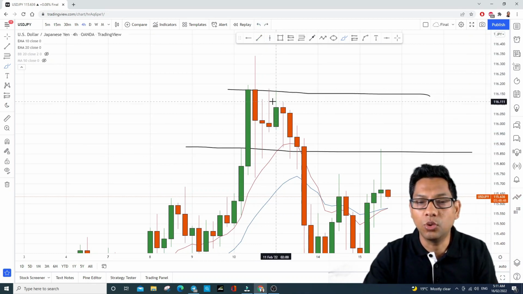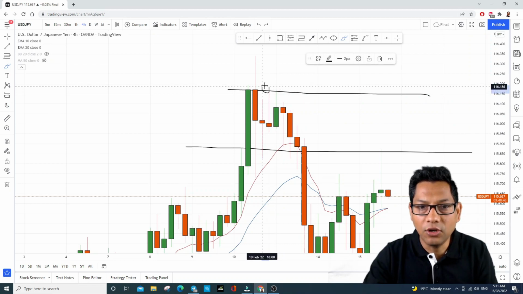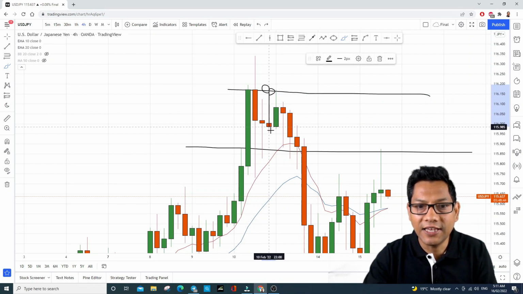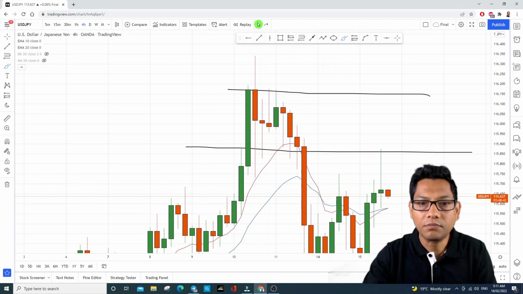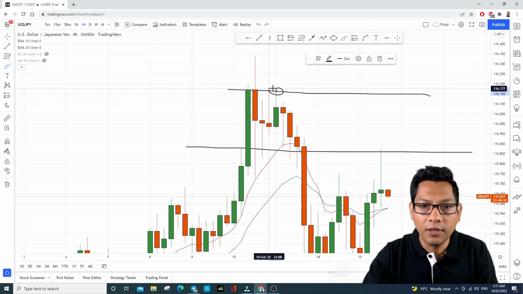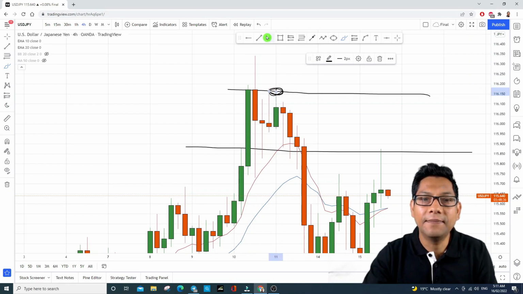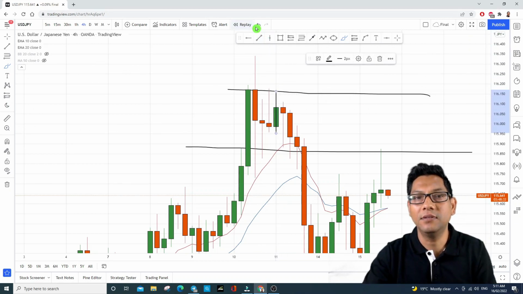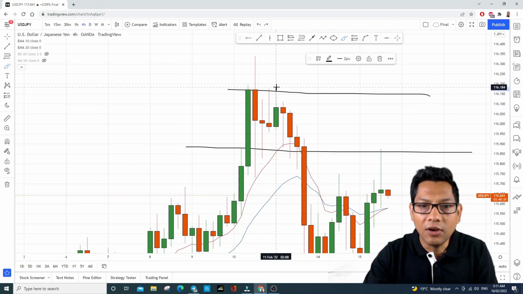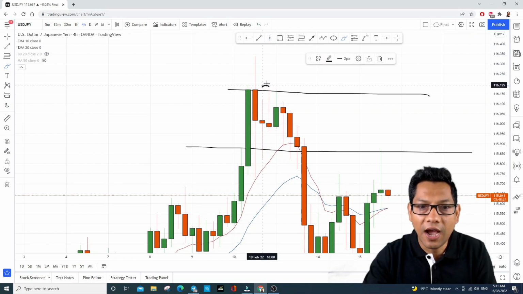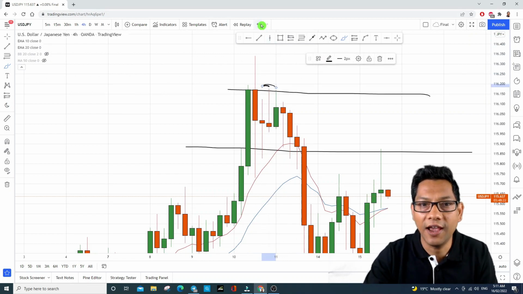What is the next one? They tried again to push the price high, again created a doji, right? And look at the next one here. This is the strongest attempt possible from a buyer. They created a green candle, but look at the high of this green candle. They could not break the previous candle's high.